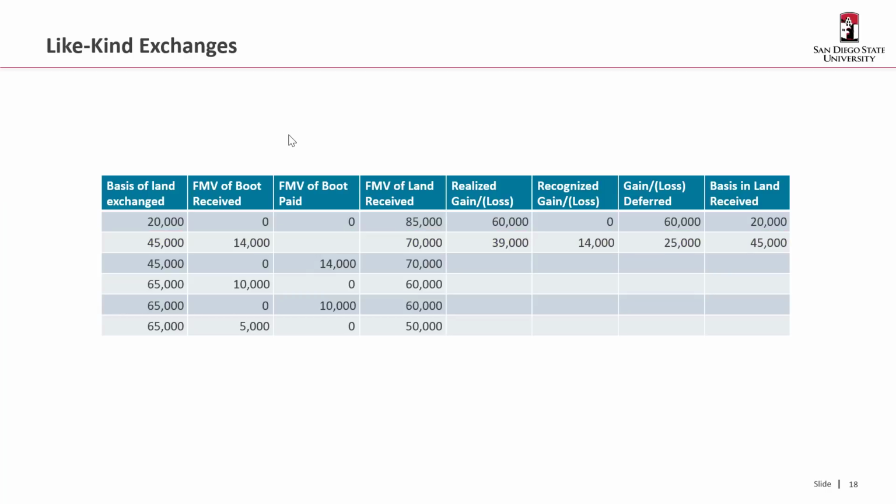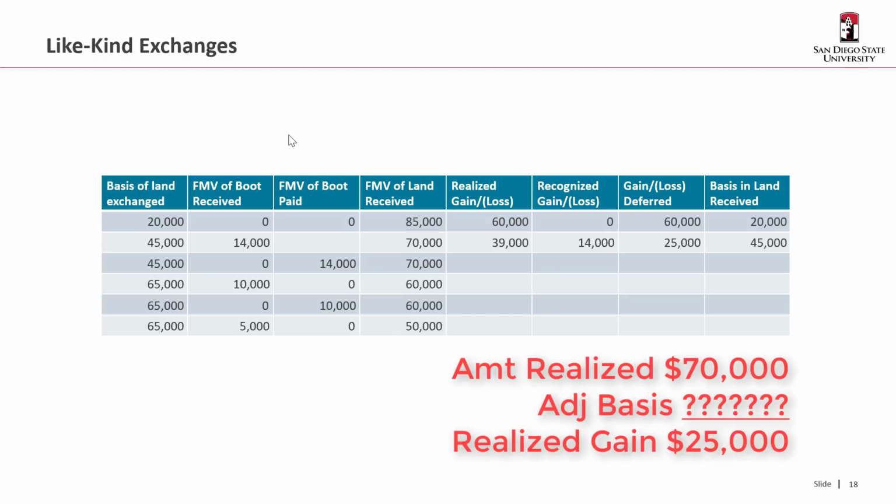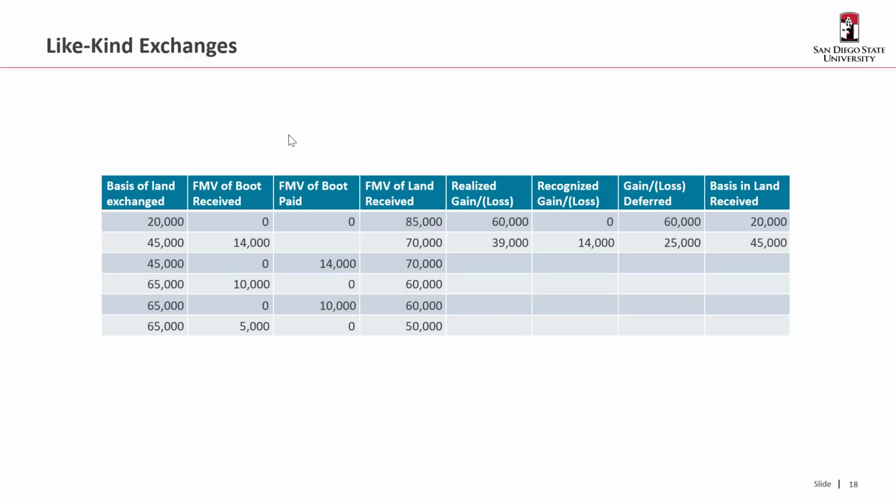The alternative would be to say, well, let's see, now I'm sitting on a piece of land worth 70,000. If I were to sell it for that price immediately, I would need to recognize my deferred gain of 25,000. The only way that would be true is if I established that the basis in that land was 45. Those numbers match up, and we are ready to move on to the third row.